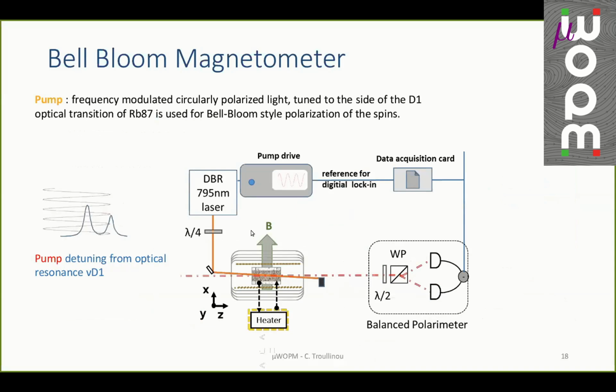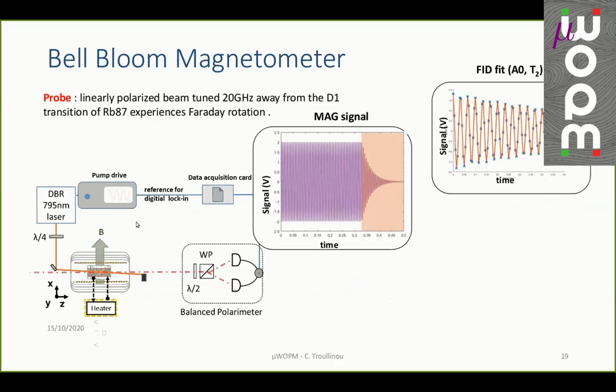The technique is Bell-Bloom excitation again, which is achieved using a circularly polarized pump beam that is frequency modulated around the D1 transition. This causes the signal of our magnetometer to look something like that.